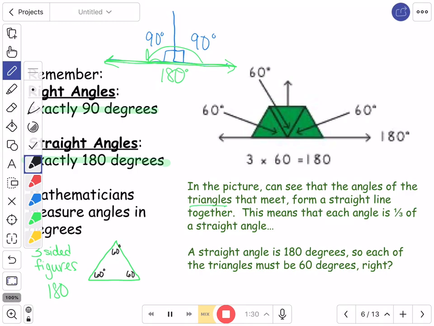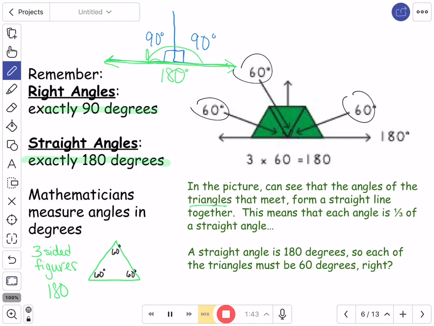So if you have an equilateral triangle, the measurement of this interior angle would be 60, the measurement of this interior angle would be 60, and the measurement of this interior angle would be 60. So they would all be 60, okay?